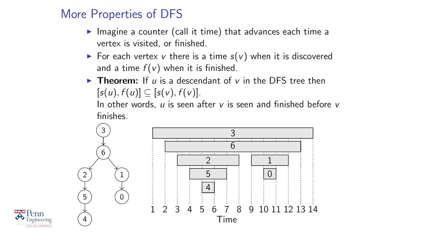Now, immediately from 3, we went to node 6. And so 6 is discovered at step 2. And just before 3 was finished, 6 was finished at the previous step. So if you go back and look at it, you can see that 6 is alive for the duration 2 to 13. And then we recall that we went from 6 to 2, but then we had to finish with 2 before we went to the other neighbor of 6, 1.